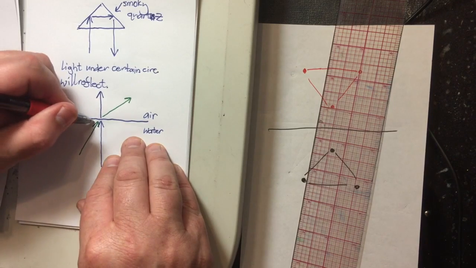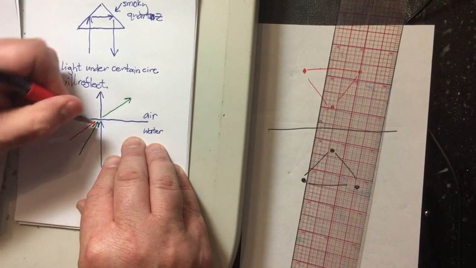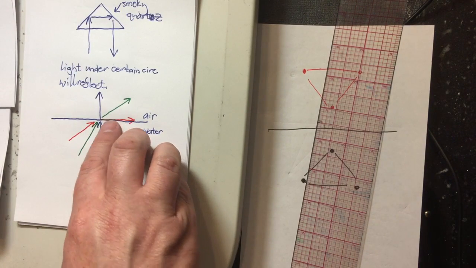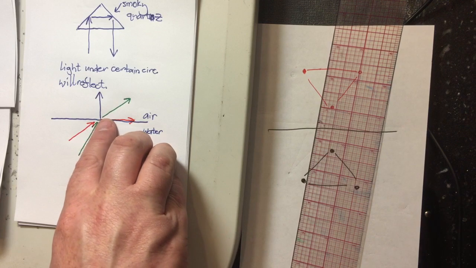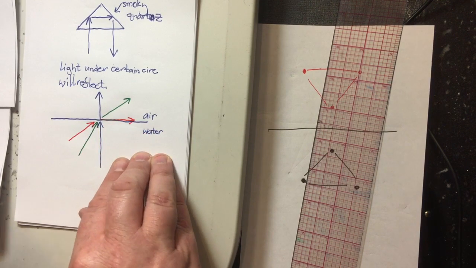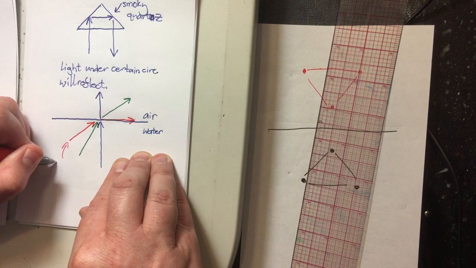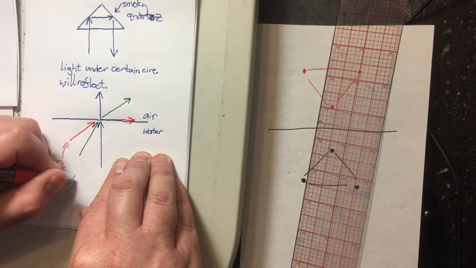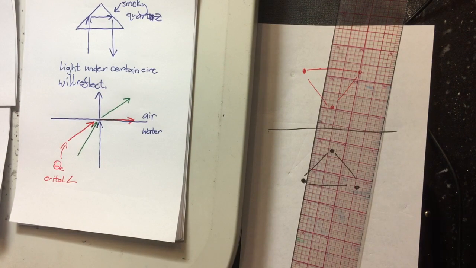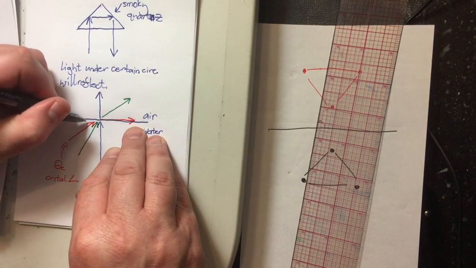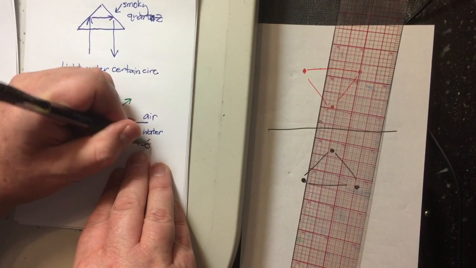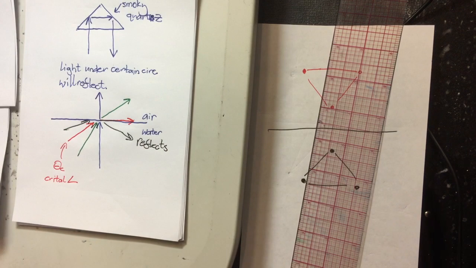If you are at an even steeper angle, the light will reach the point where the light is traveling parallel to the surface of the water. This is theta C, or critical angle. And then if you go any steeper, it reflects. Light will bounce off the water.